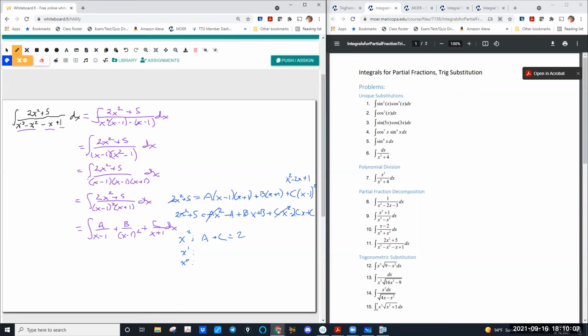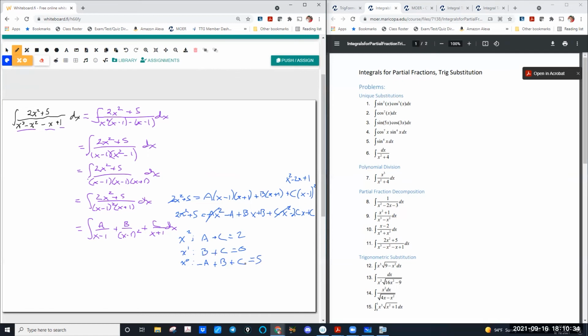The x's, we have B plus C. There are no x's, so that equals 0. And then we have our constants. We have negative A plus B plus C, and that has to equal 5.